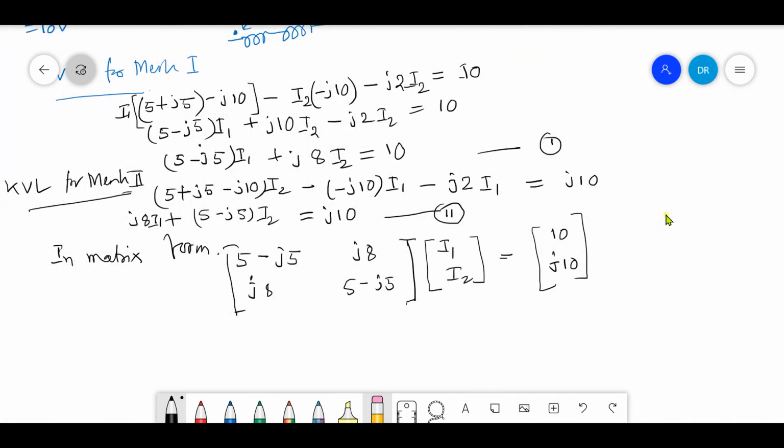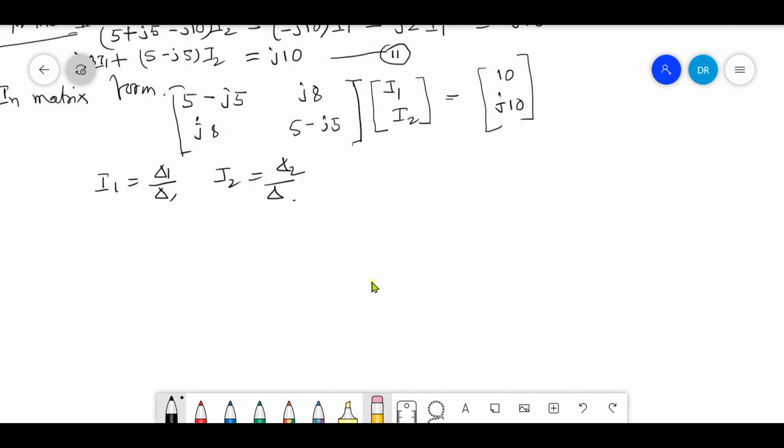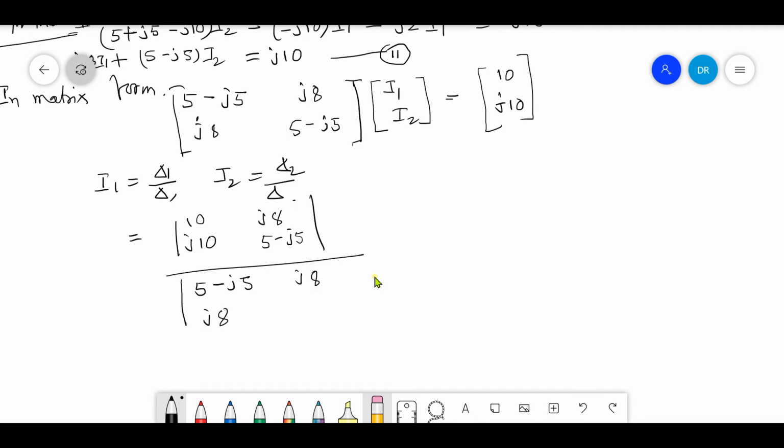From this we can find the values of I1 and I2. So I1 is equal to del 1 by del and I2 is equal to del 2 by del. The value of I1 is del 1, where del 1 means we replace the first column with 10 and j10. So this way we will solve it.